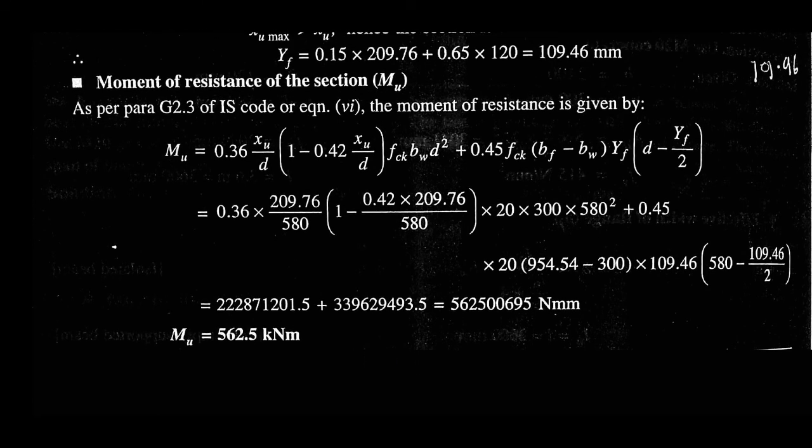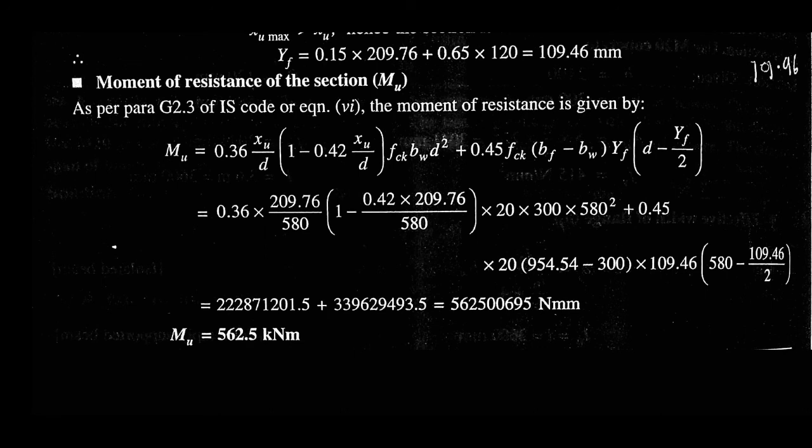That is equal to 222871201.5 plus 339629949.3.5, that is equal to 562500695 Newton mm, that is equal to 562.5 kilonewton meter.